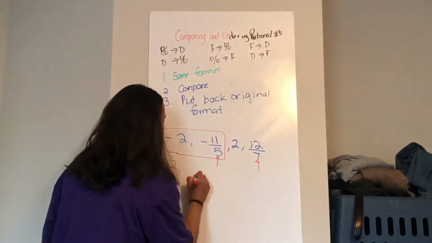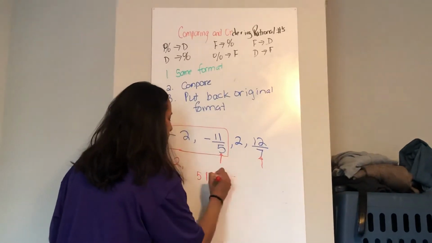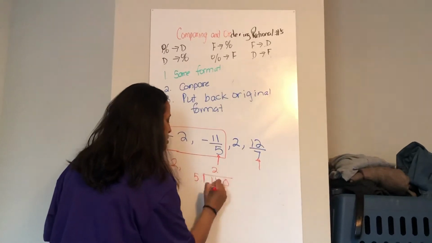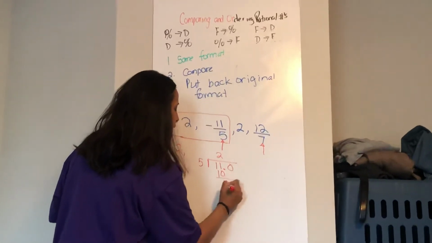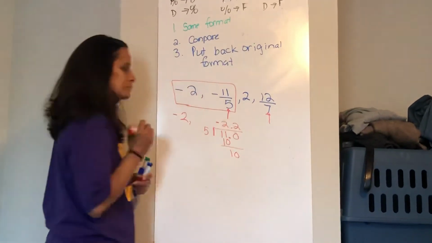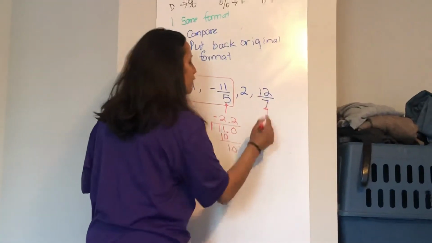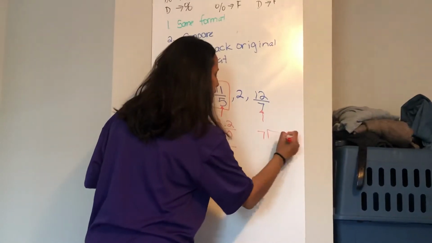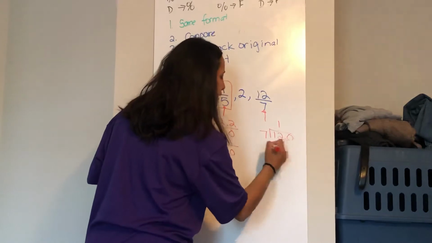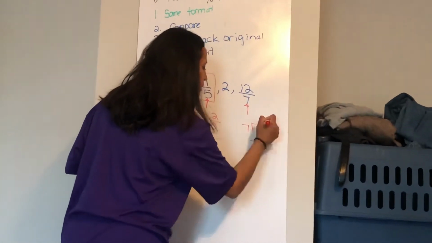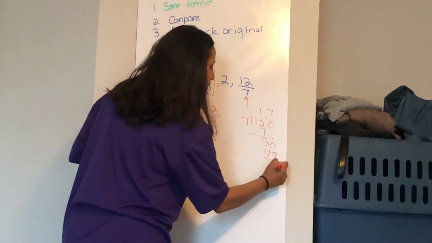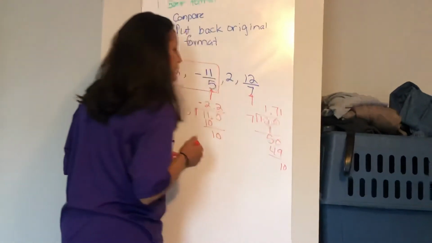So I'm going to say 5 into 11 becomes 2.2, negative. Okay? Then 12/7 becomes 1.71. Okay?